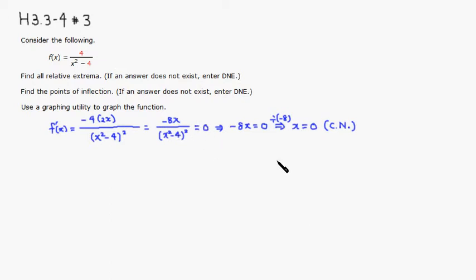So a critical number is 0, and we have to determine if it's a local max or local min. I'm going to take the derivative again, then apply the second derivative test. So f double prime of x is equal to, it could be a little bit messy, but take the derivative of that. I'm going to put negative 8 right in front. Then quotient rule again: quantity x squared minus 4 raised to the 4th power.